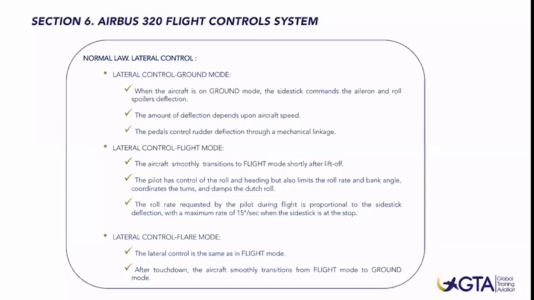Once in flight, the aircraft smoothly transitions to flight mode shortly after liftoff. The pilot controls the roll and heading, but the system also limits the roll rate and bank angle, coordinates the turns and provides yaw damping, as we discussed for the yaw functions on the rudder.